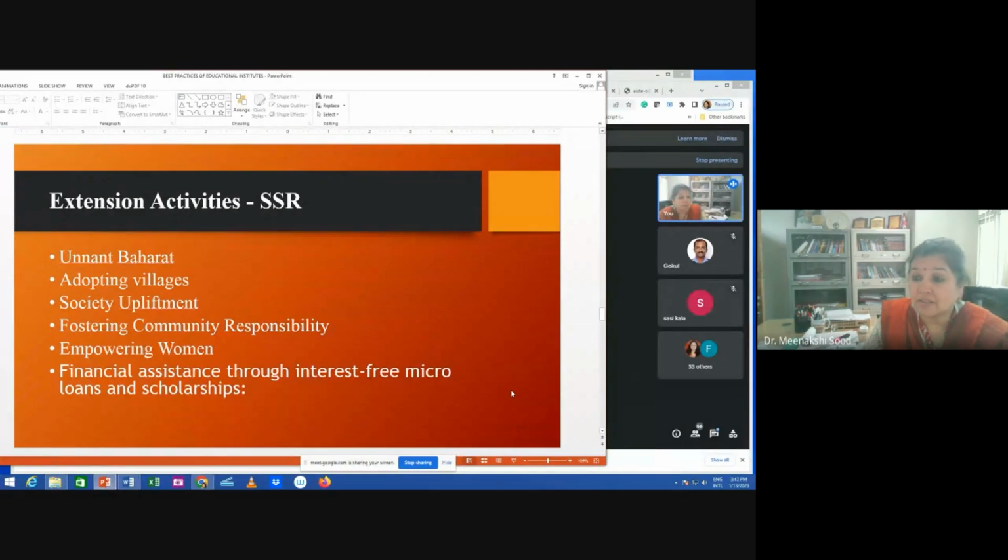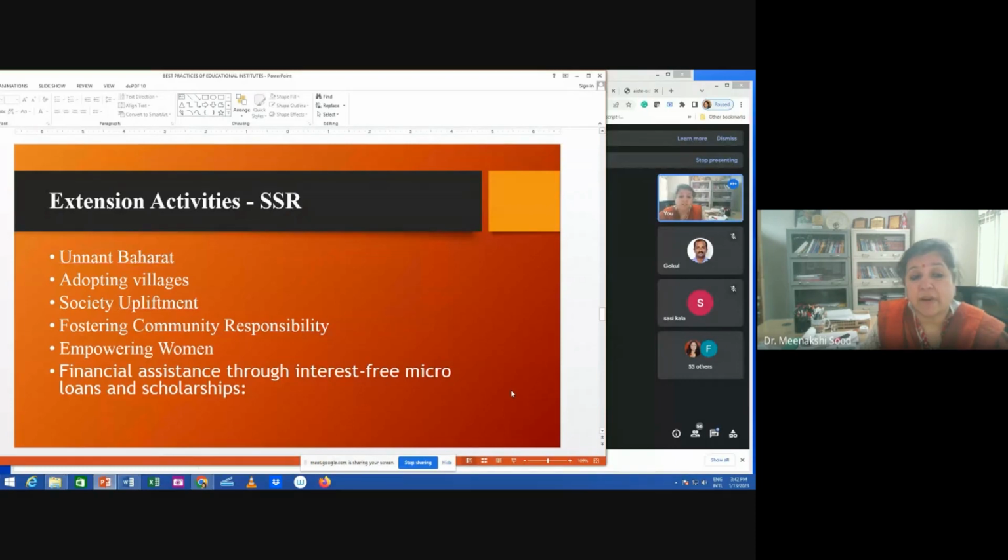Like Unnat Bharat is another scheme floated by the Government of India, in which various activities are done in rural development, so that children, ladies or students from rural areas can get the upliftment of weaker sections, maybe societal, cultural, or age wise, or gender wise.